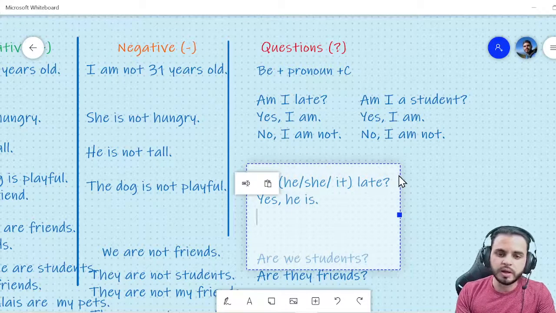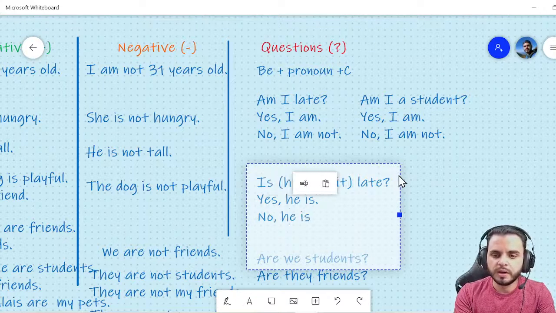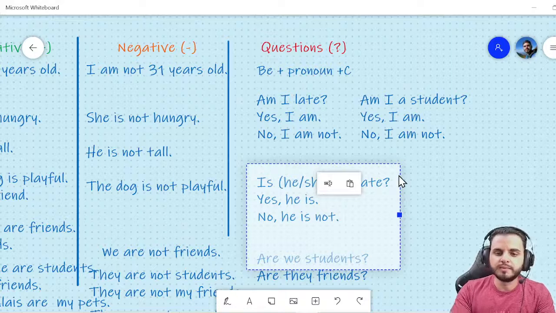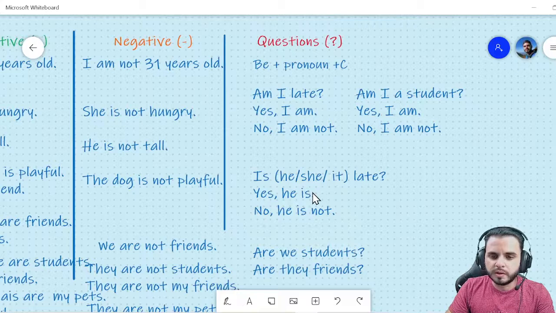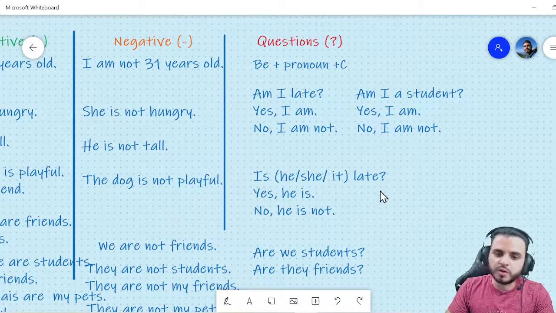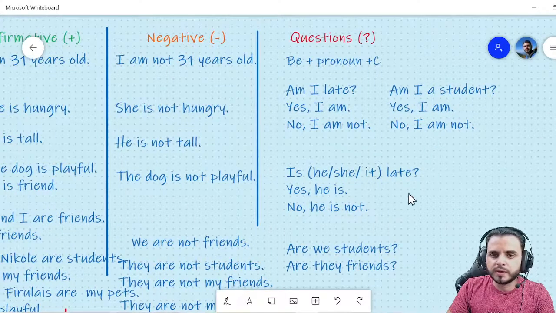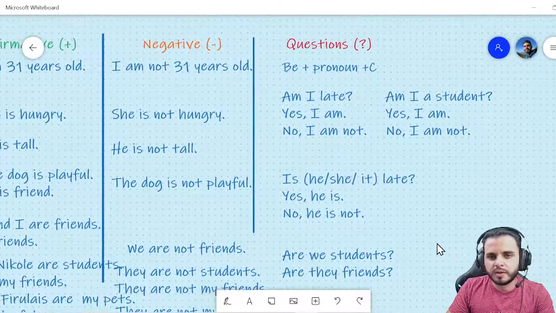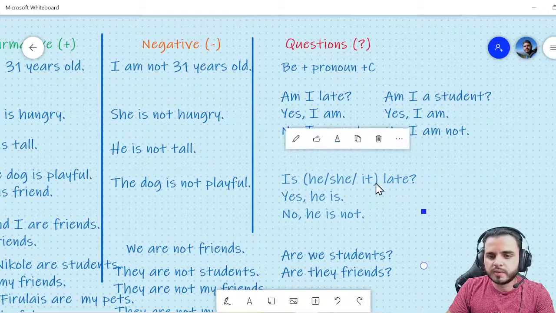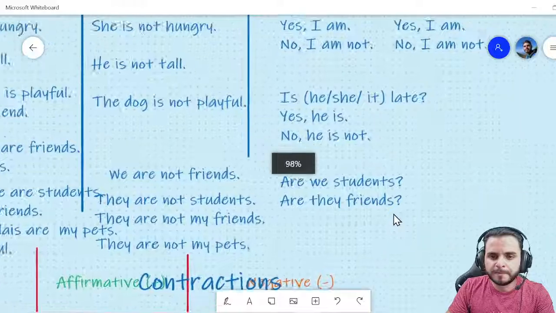Or maybe he's not late, so you're going to say, "No, he is not." Okay. And the same if it is she. Is she late? Yes, she is. No, she isn't. Okay. Or if it is an animal. Now it doesn't make a lot of sense if it is an animal, but well, it's grammatically correct.